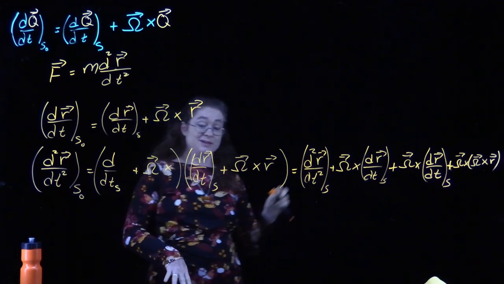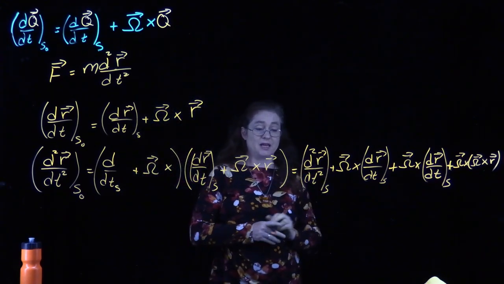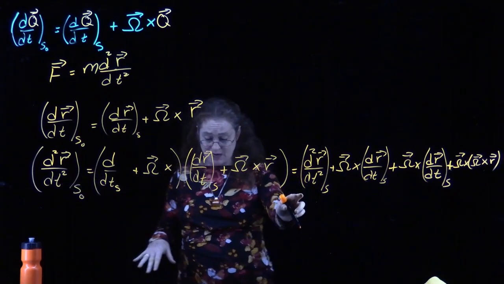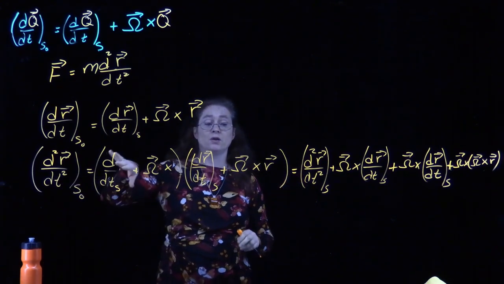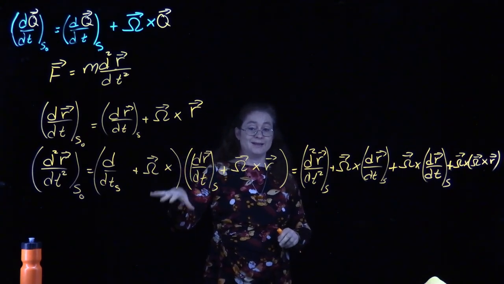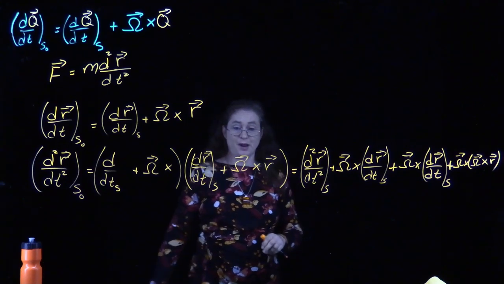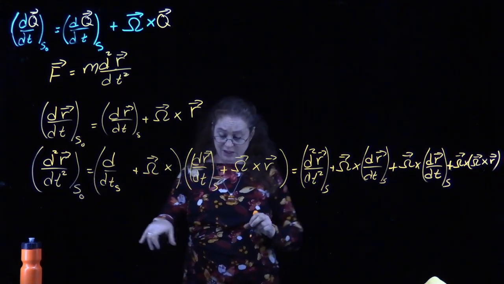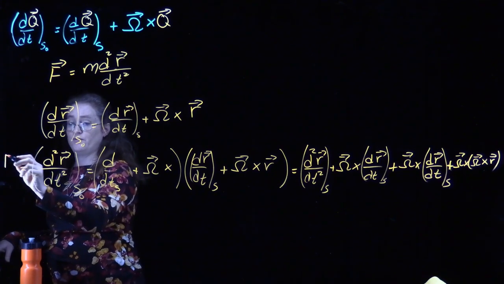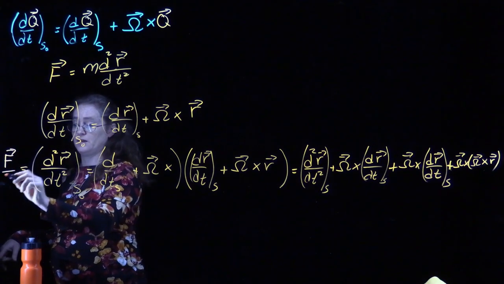Now we are going to do a little bit of simplification. We are going to reserve the dot notation for when we are in the non-inertial reference frame. So here, I'm just going to note that this is the force divided by the mass.